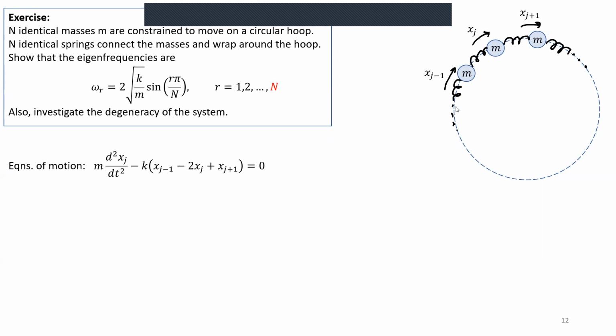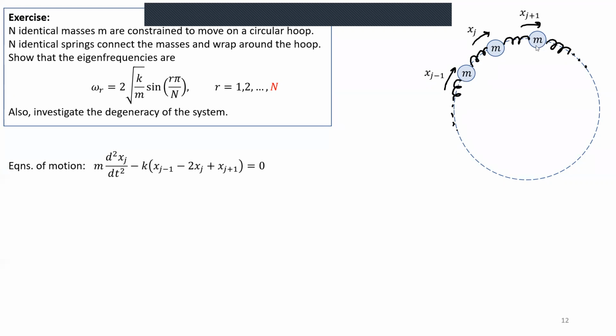Okay, so next, let's look at another n-particle coupled oscillator system, but with a different geometry. This is a nice example because it basically combines what we have learned about degeneracy and the n-coupled oscillator.